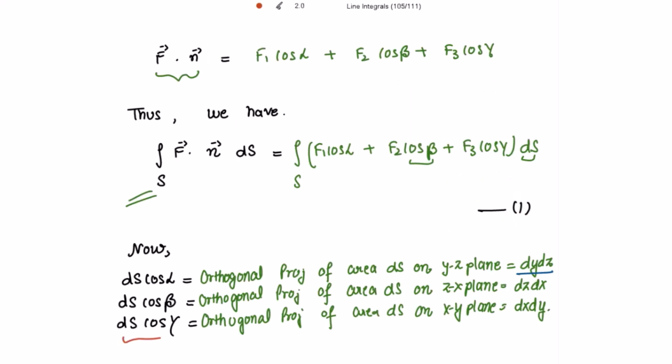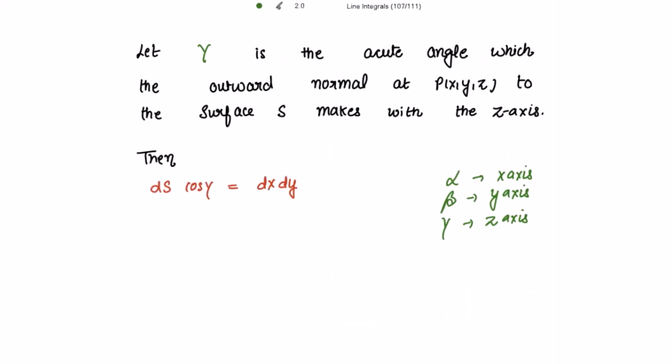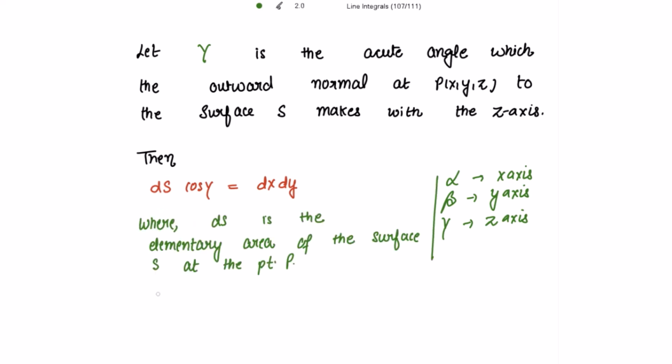From here we know that ds cos gamma is dx dy, where ds is the elementary area of the surface S at the point P, right? So this ds is equal to dx dy divided by cos gamma, right?